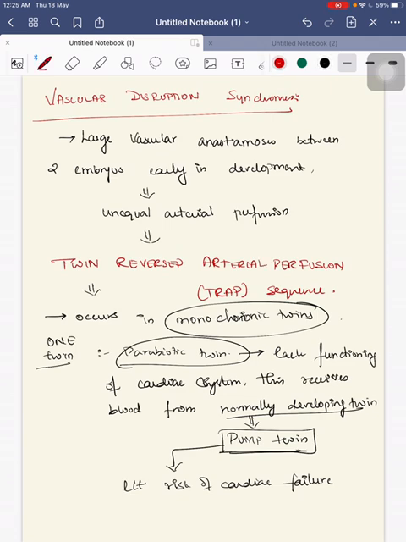So why is it called reversed arterial perfusion?